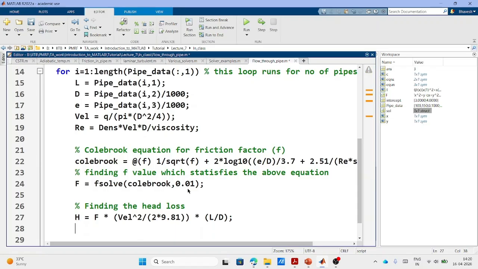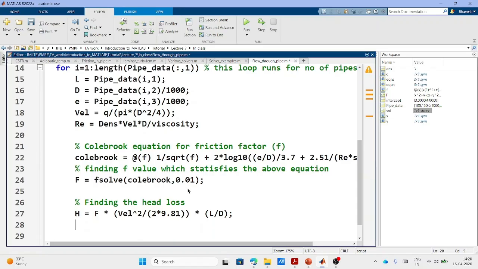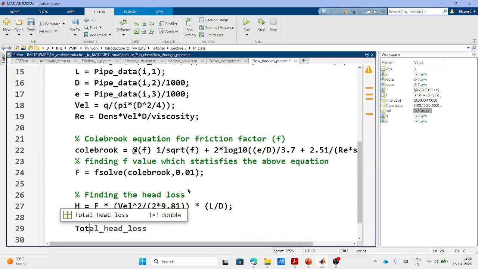So this is head loss in one pipe. I will add this head loss to the total head loss. Total head loss equals total head loss plus your H.